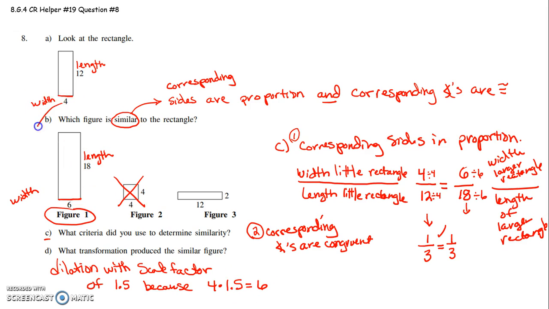If I take 4 and I multiply by 1.5, I'll get to 6. And if I take 12 times 1.5, I'll get to 18. That's how I know that my dilation has a scale factor of 1.5. All right, I hope that helps. That's letter D. Part D.